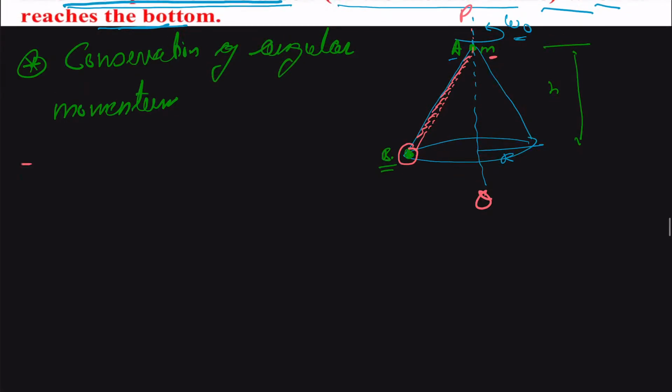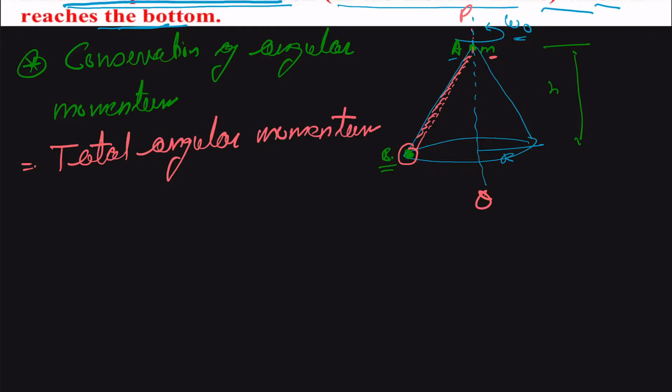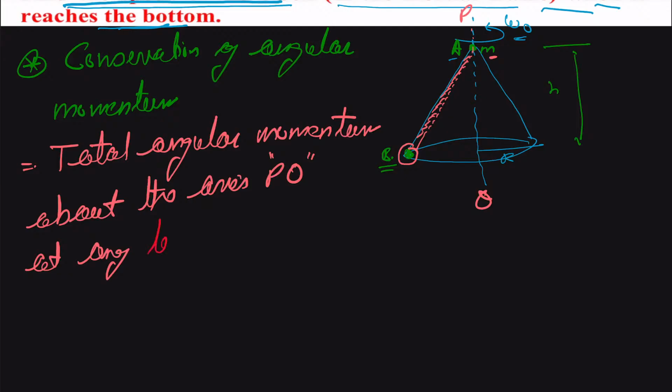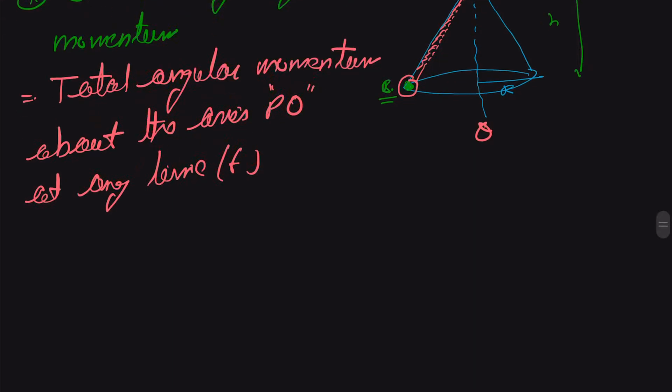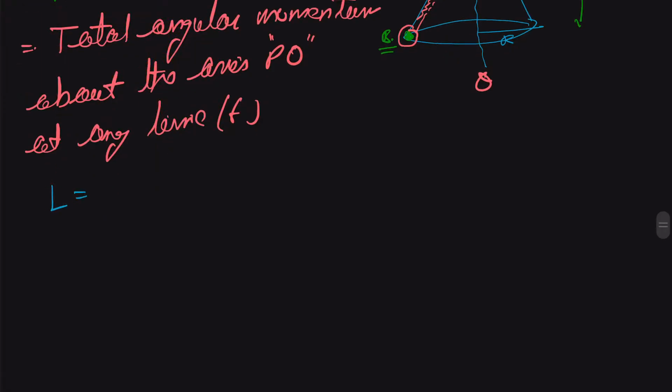So we can say that the total angular momentum about the axis PQ at any time t, let us call this L, will be equal to the angular momentum because of the cone plus the angular momentum because of the mass m, and it is at a distance of, suppose, r, squared, times omega t.